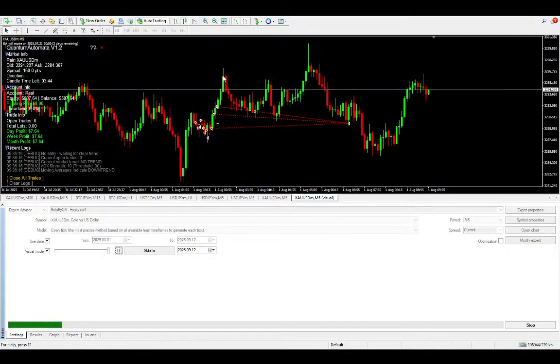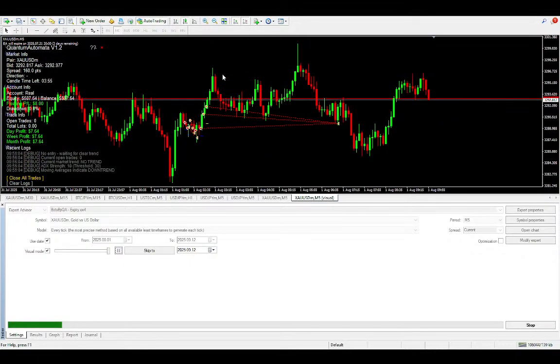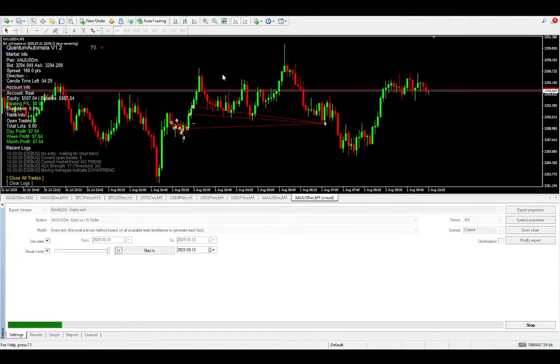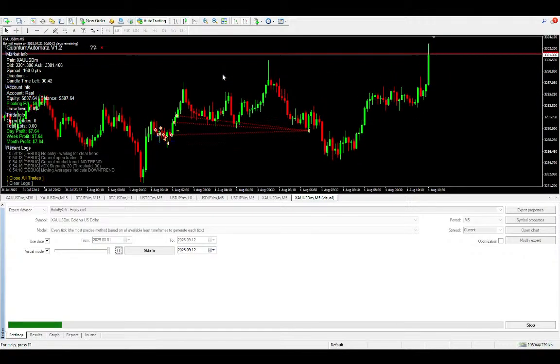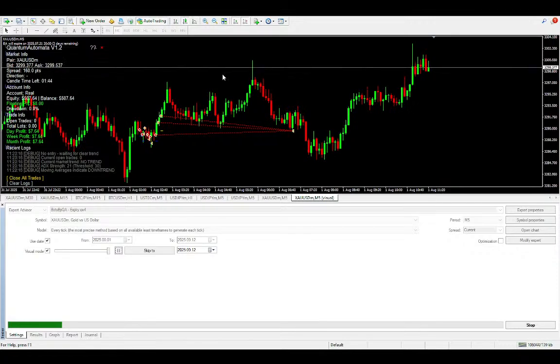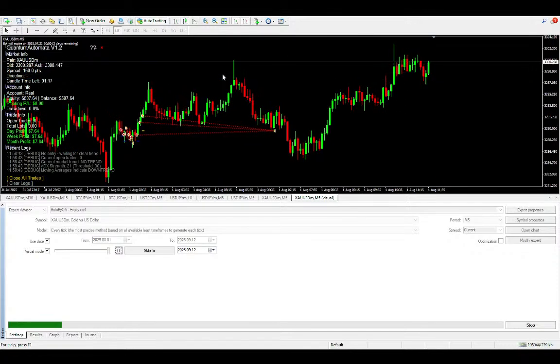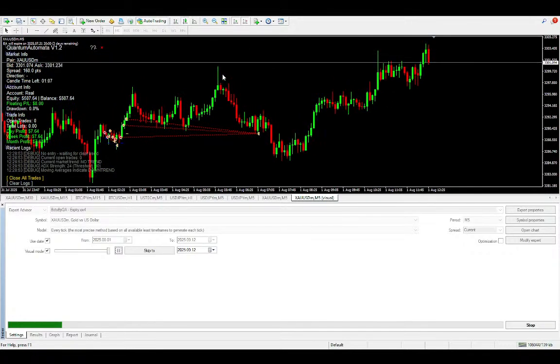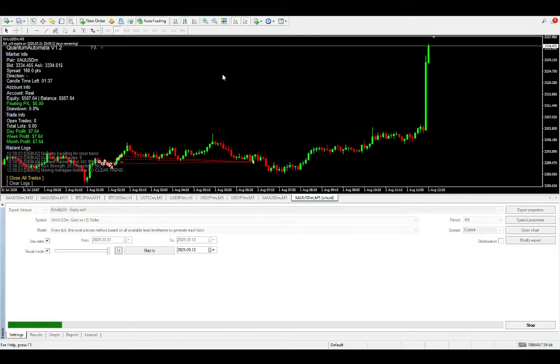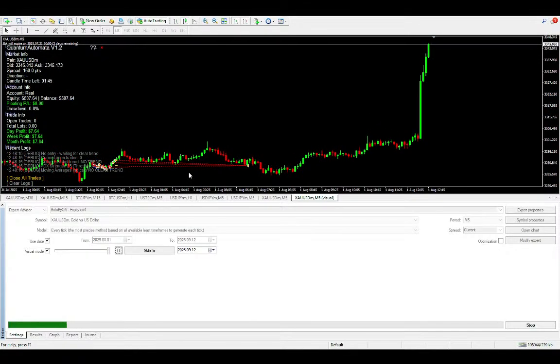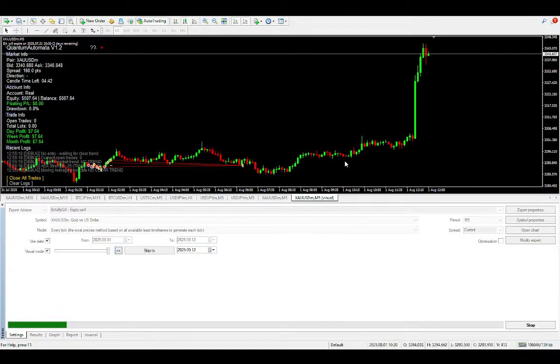All right, and it keeps doing that. Yep, still no clear trend. Now this was a news day. This was one of the NFP days. It did not pick the trend because nothing, no issues, not under pressure, just doing its thing.